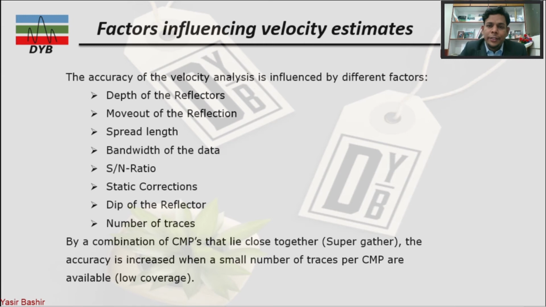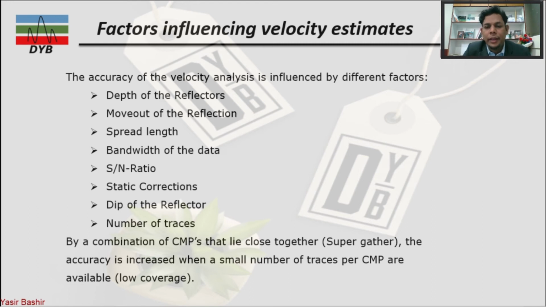There are some factors which influence the seismic velocity estimation. The first factor is the depth of the reflector. How deep is your reflector? Because you will have the convolution or deconvolution operators be very strong. The second factor is the move out of the reflections. Then spread length.